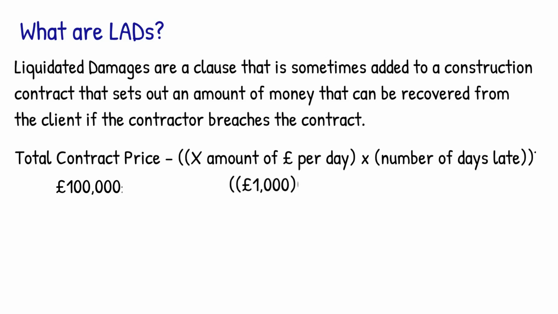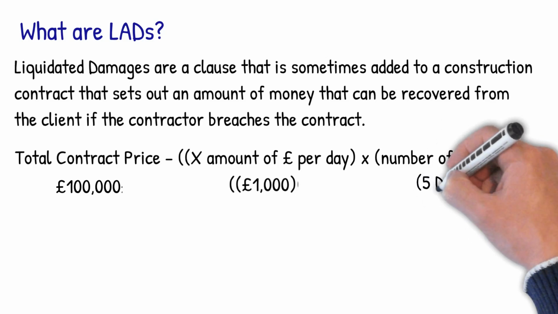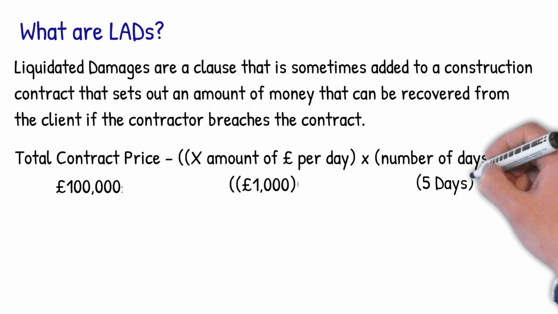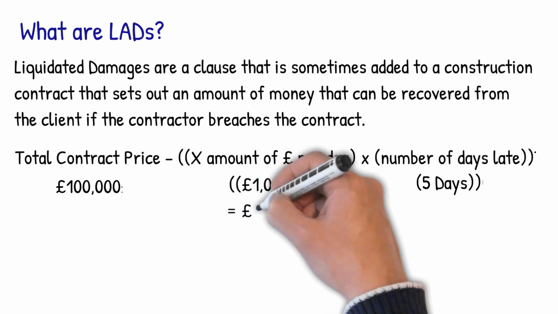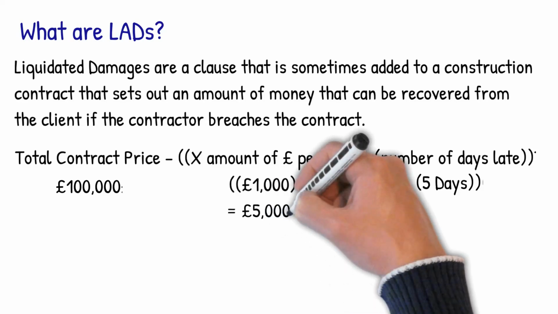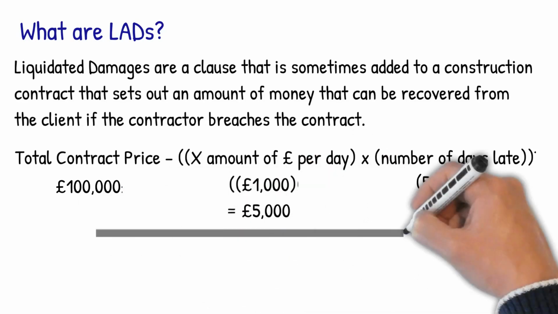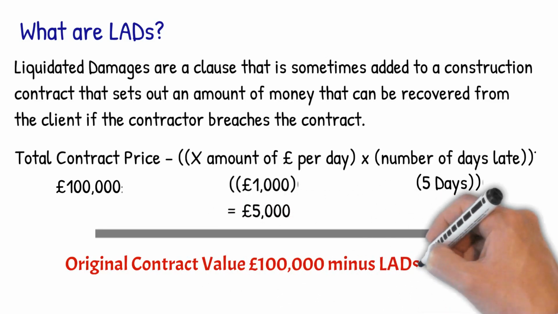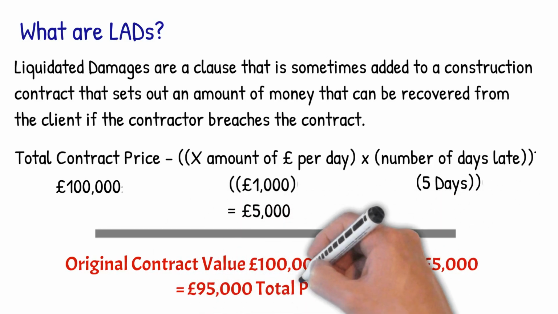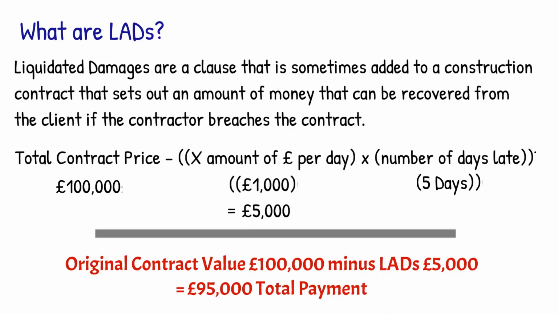The project overruns by 5 days, so the client enforces the liquidated damages clause. So, in this example, it would be £1,000 times 5 days, which is £5,000. The contract value was originally £100,000, so we deduct the £5,000 LADs, meaning the final payment to the contractor would actually be £95,000.